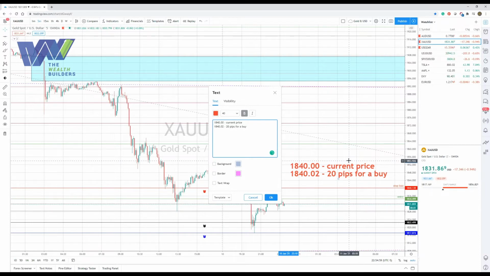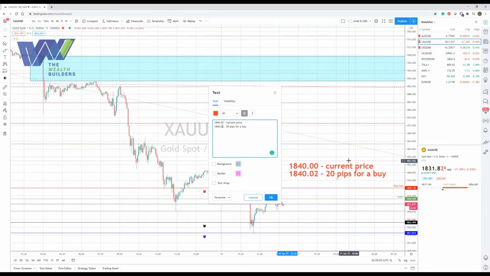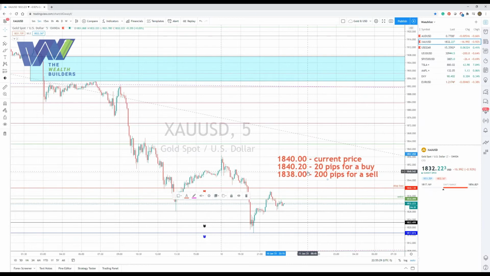If I wanted to catch 200, I'm sorry, that's wrong. It needs to be the 20 here. At 20 pips for a buy. If I wanted to catch 200 pips for a sell, it would be, all right. That's how you basically calculate that.